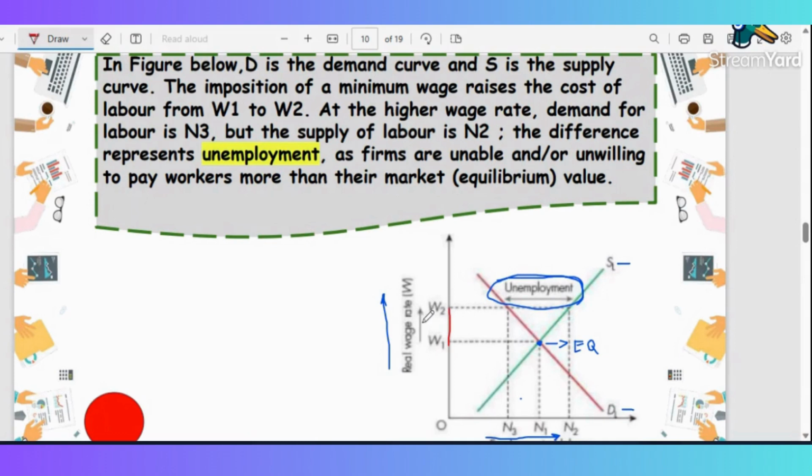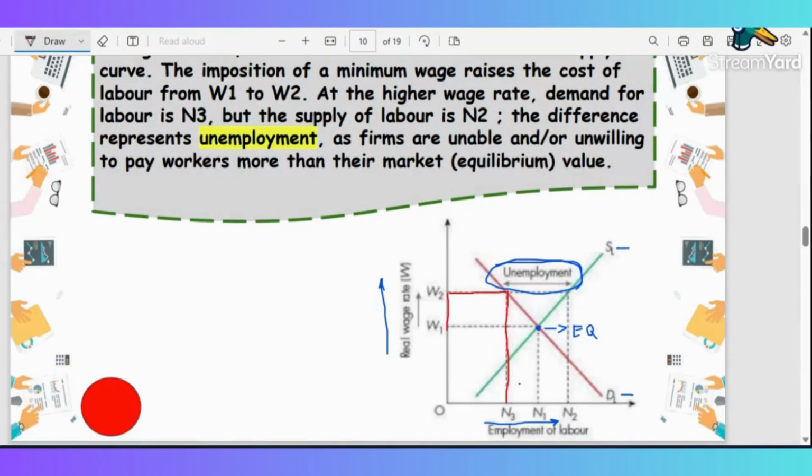So at the higher wage rate, demand for labor is N3. How do we know that? Wage rate 2, come across and it hits the demand line, and you come down and we see where it hits what? N3.